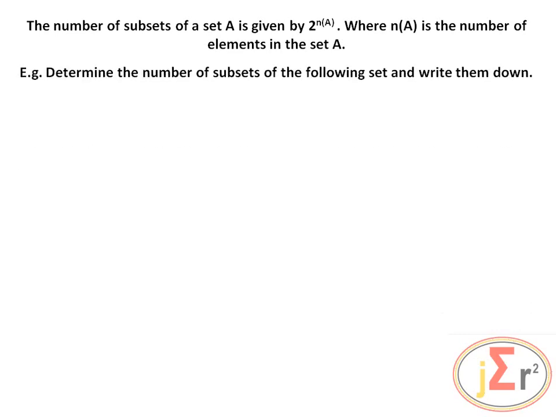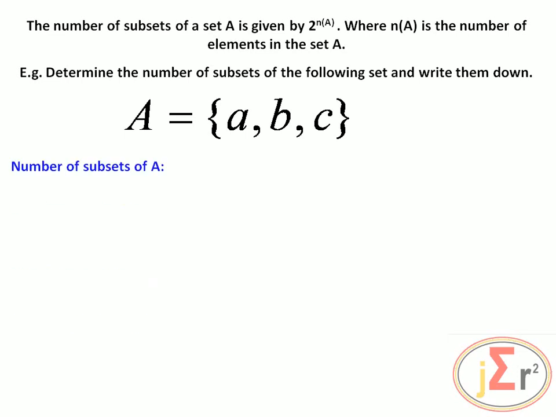Determine the number of subsets of the following set and write them down. So we have A equal to the set that contains a, b, and c. The number of subsets of A will be 2 to the power of n(A), 2 to the power of the cardinality of A. n(A) is 3.